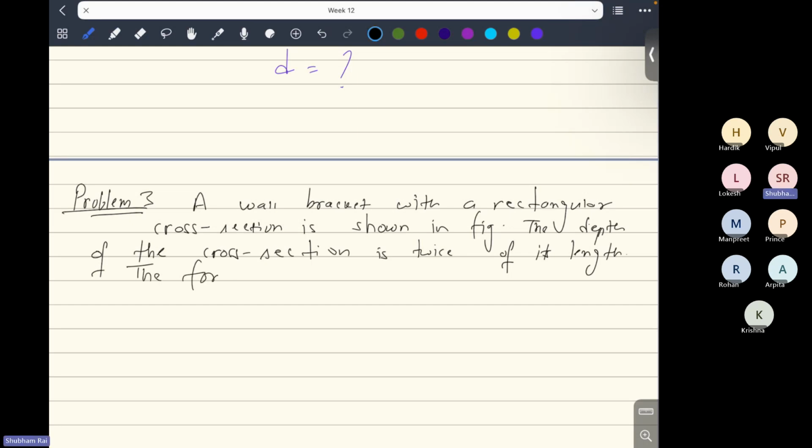The force P acting on the bracket at 60 degree to the vertical is 5 kilonewton. And then you have the material.